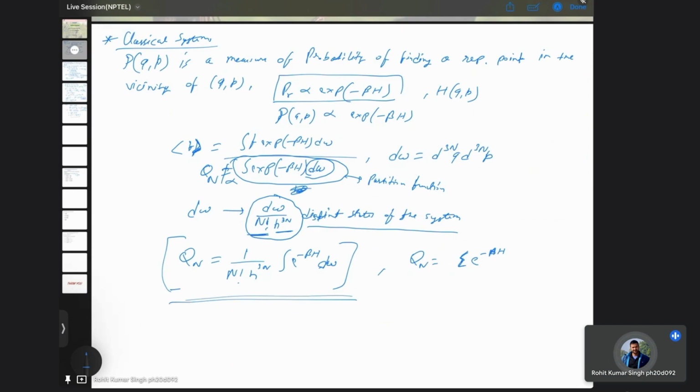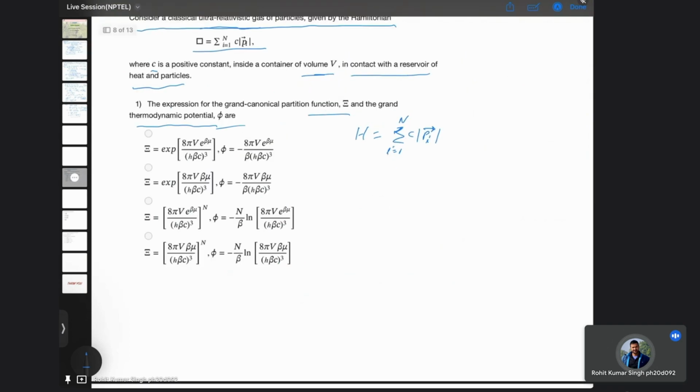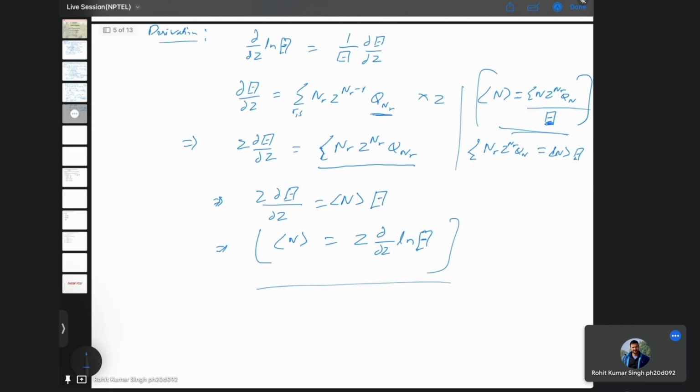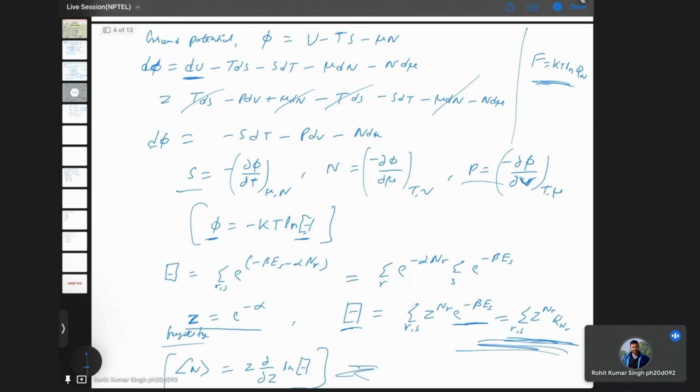So this is a canonical partition function, not the grand canonical. But we know that if we find the canonical partition function, we can use this formula to calculate the grand canonical partition function, right?